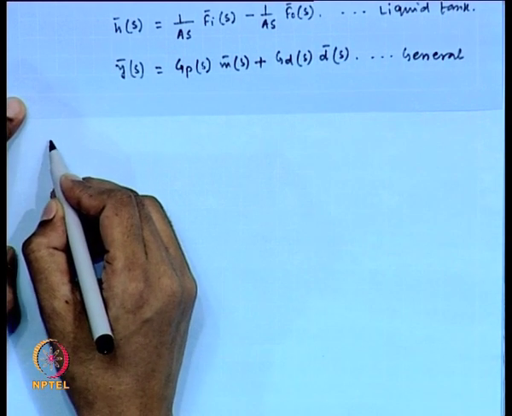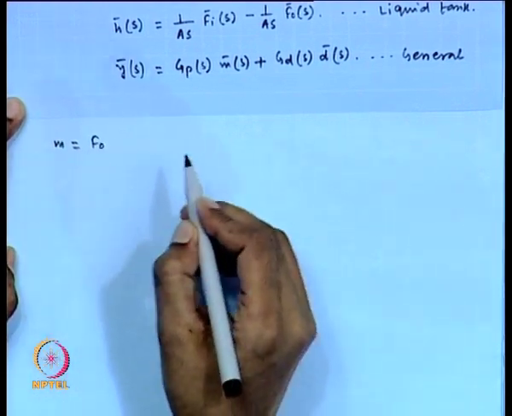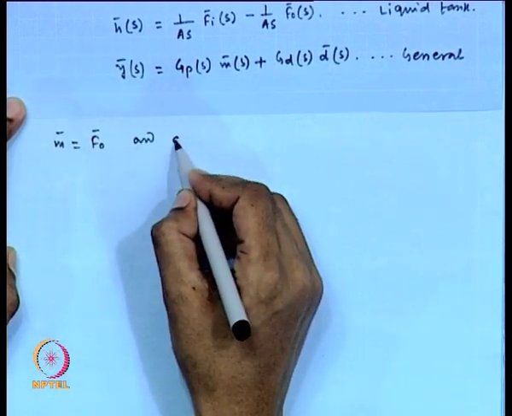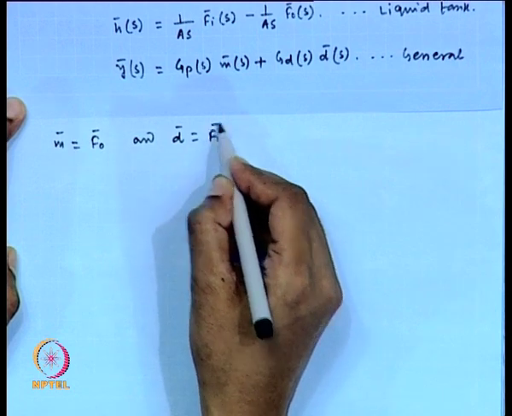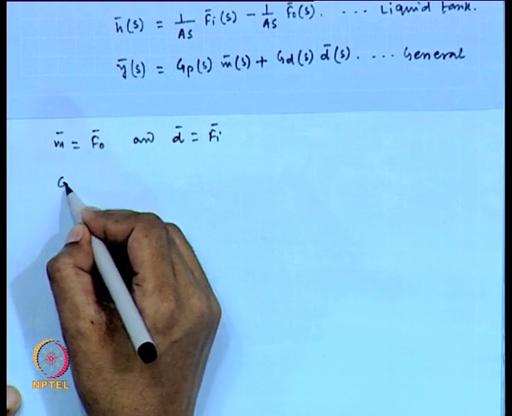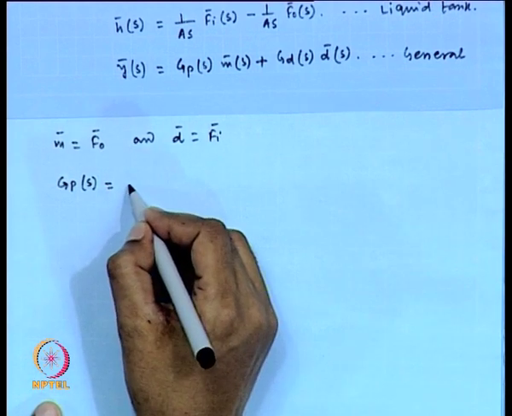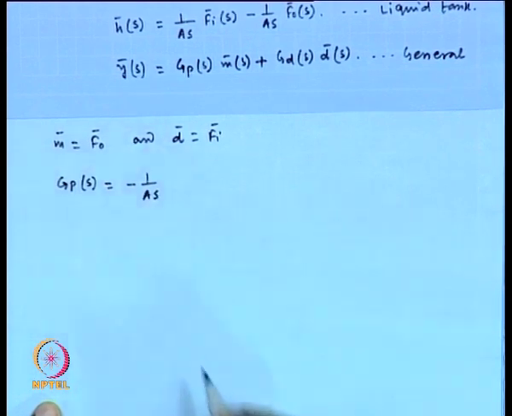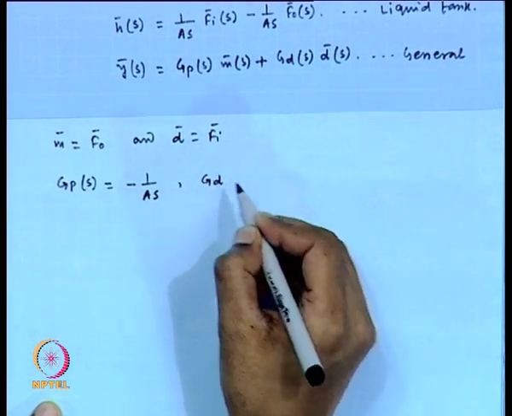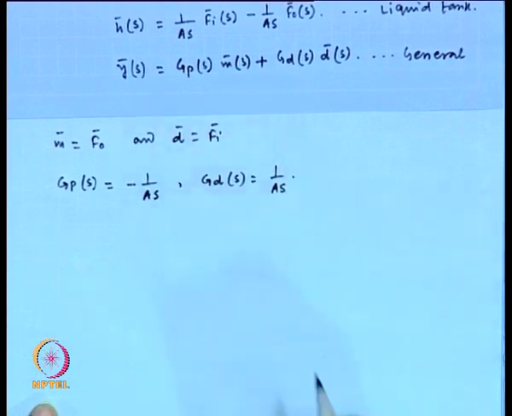Here m is F naught and disturbance d is Fi. So, we get the transfer function Gp(s) equals minus 1 by A s, and we get Gd(s) equals 1 by A s.